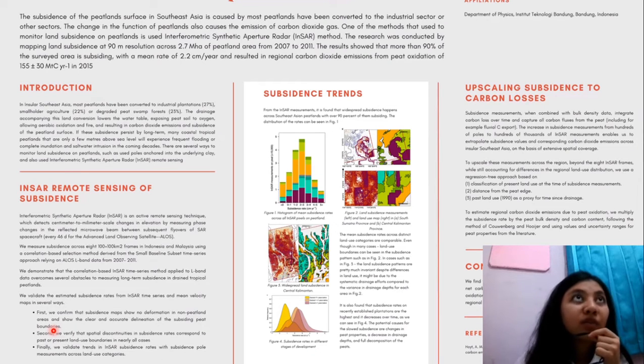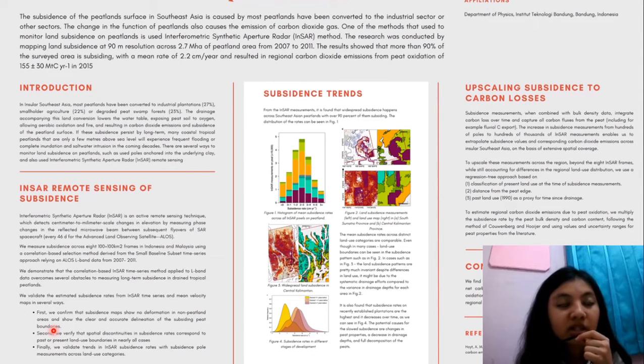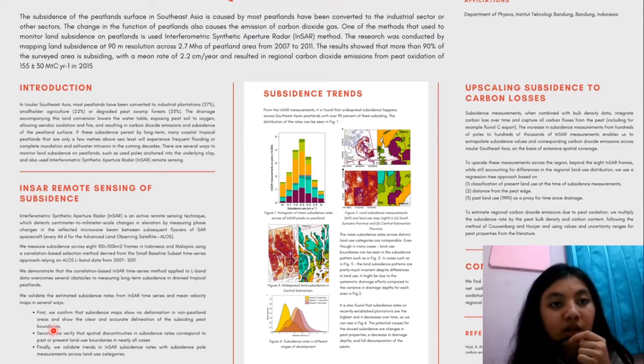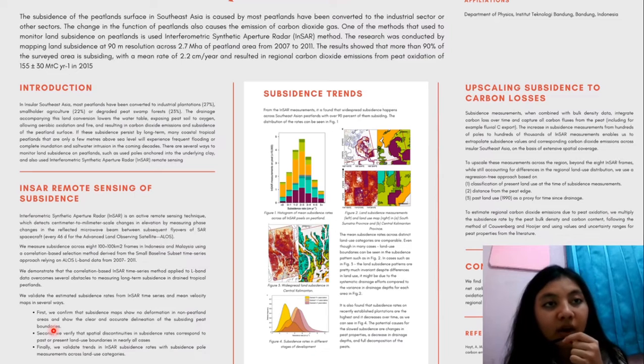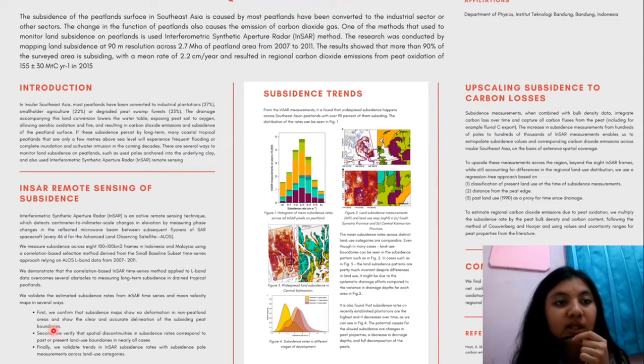Second, we verify that the spatial discontinuities in subsidence rates correspond to past or present land use boundaries in nearly all cases. And finally, we validate trends in InSAR subsidence rates with subsidence pole measurements.